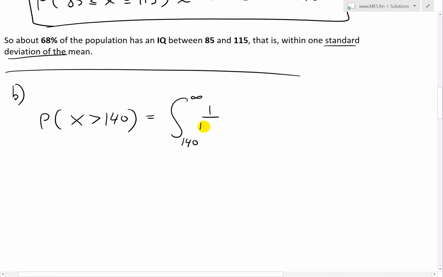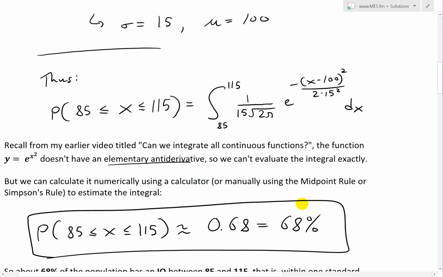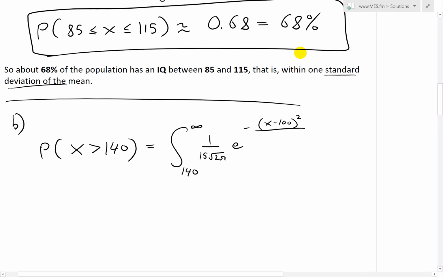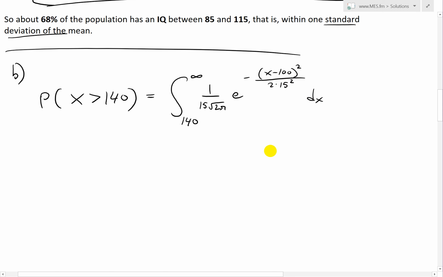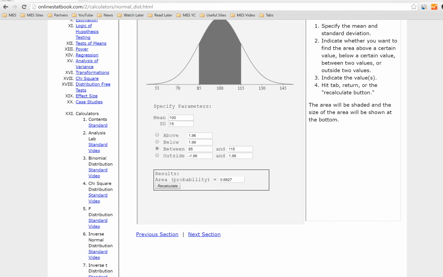So 1 over 15 times the square root of 2 pi, times e to the power of negative (x minus 100) squared, all divided by 2 times sigma squared, so 2 times 15 squared, dx. Again, we can't solve this directly, but we can estimate it using approximation, and in this case, let's just pull it out. So this one has it above 140.